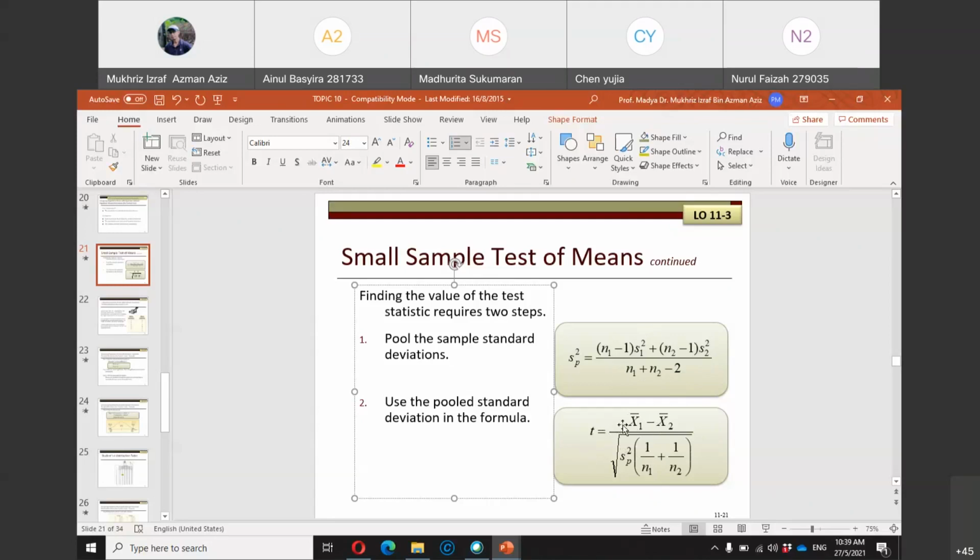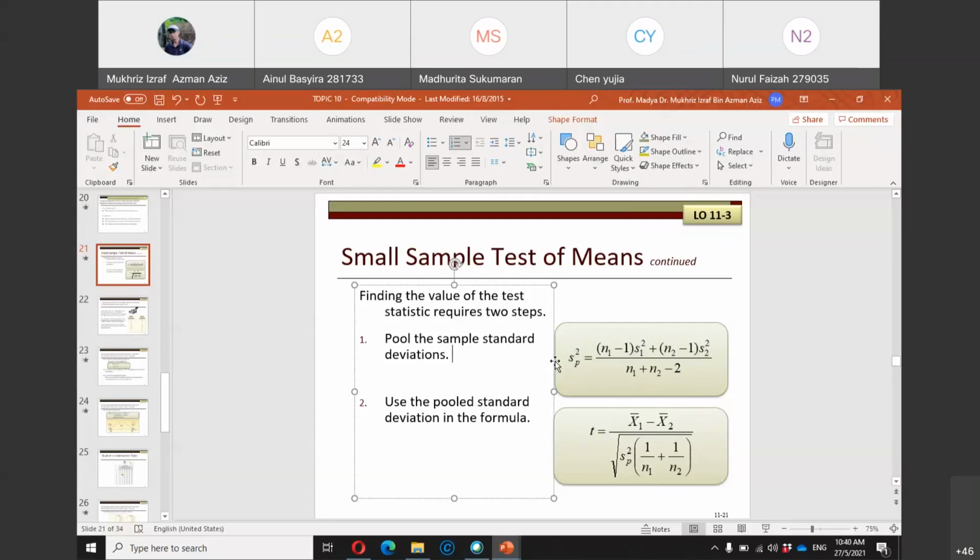So again, x bar 1 minus x bar 2. Which one is 1 and which one is 2 is the same as what we did before, depending on how it appears in your H1. Whichever mean appears first will be your x bar 1, and the one that appears second will be your x bar 2.